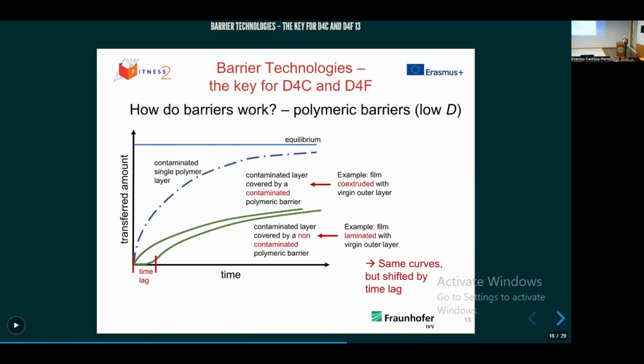It depends on the polymer and it depends on the contaminant. So we may have a functional barrier, it may help us, but we have to avoid some specific misconceptions. For instance, the misconception that a co-extruded functional barrier is already a good functional barrier, which is not necessarily the case.